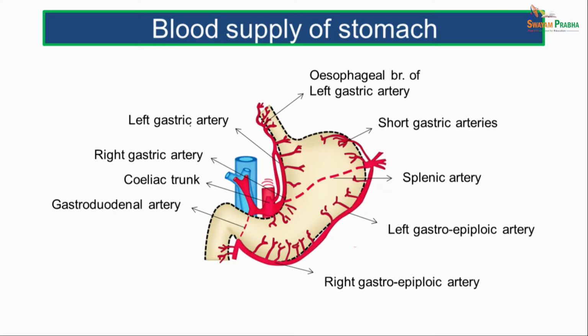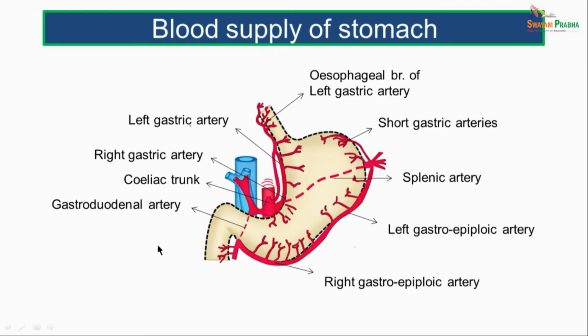The arterial supply of the stomach is done by 5 main arteries, and those are the right gastric artery, the left gastric artery, 4 to 5 short gastric arteries, the right gastroepiploic artery and the left gastroepiploic artery. Let us see now how these arteries originate.